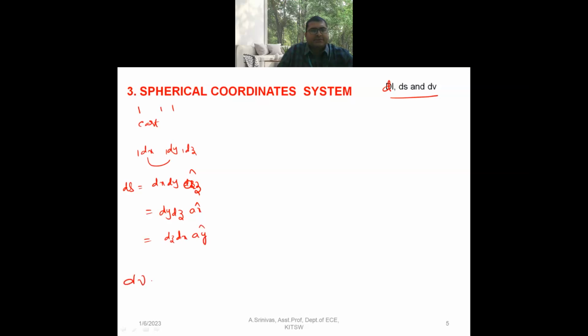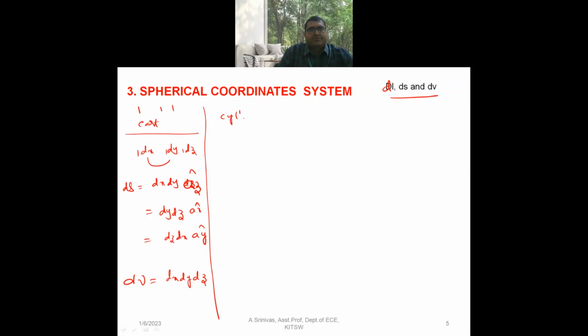The differential volume is given as dv is equal to dx dy dz. This is about dl, ds, dv in Cartesian coordinate system.